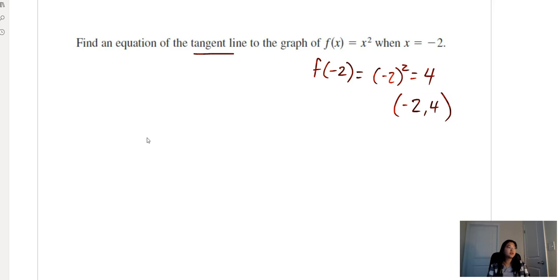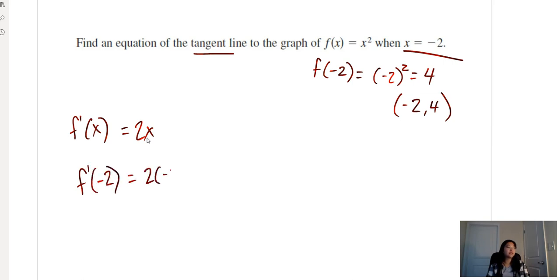And then we need to find the slope of our line. So let's just take our derivative, f prime of x equals 2x, and plug in what value? The x value that we're looking at, because we need the slope at negative 2. 2 times negative 2, positive times a negative is negative, and we get negative 4. So do we square that answer and we're good to go? No, absolutely not.